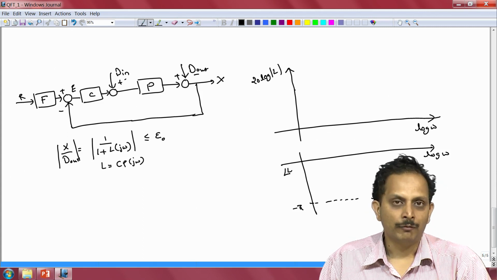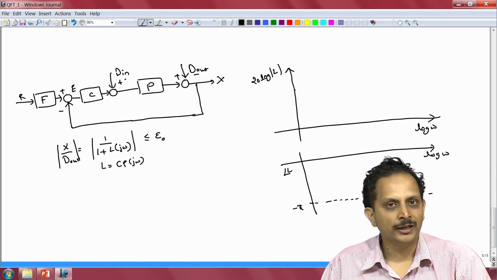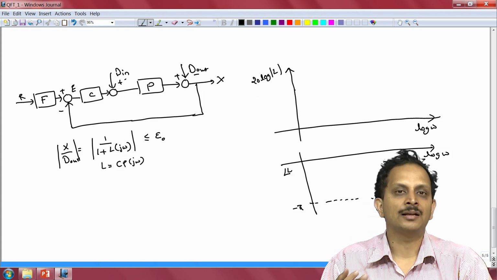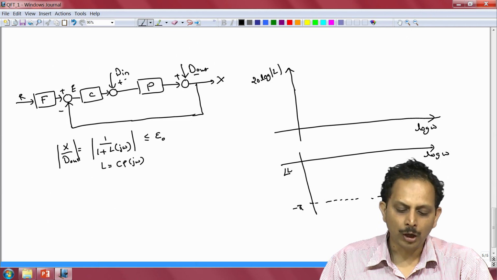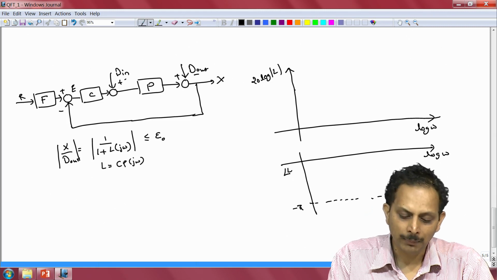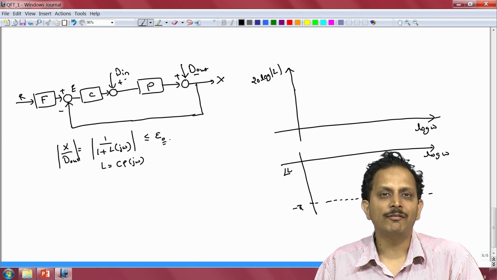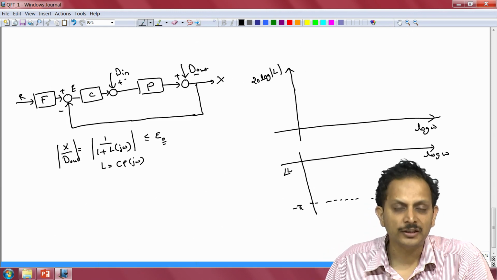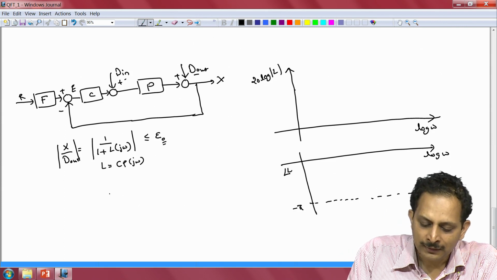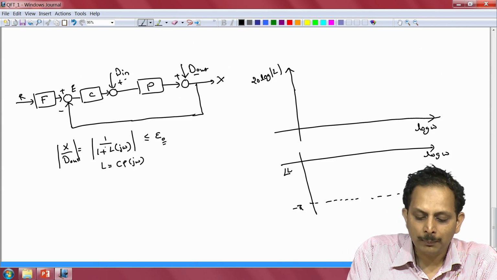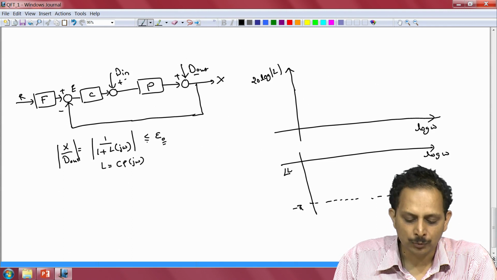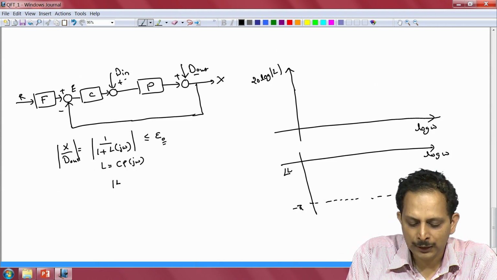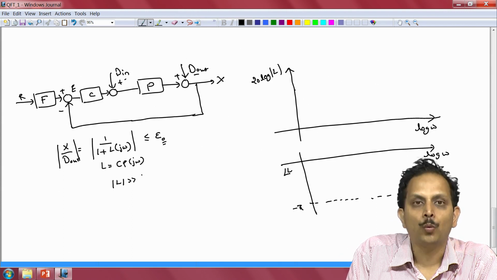Now, when we undertook control design using the Bode plots several lectures back, we assumed that this number epsilon O was a very small number. If epsilon O is very small, then in order for 1 by 1 plus L to be very small, we need the magnitude of L to be much greater than 1.